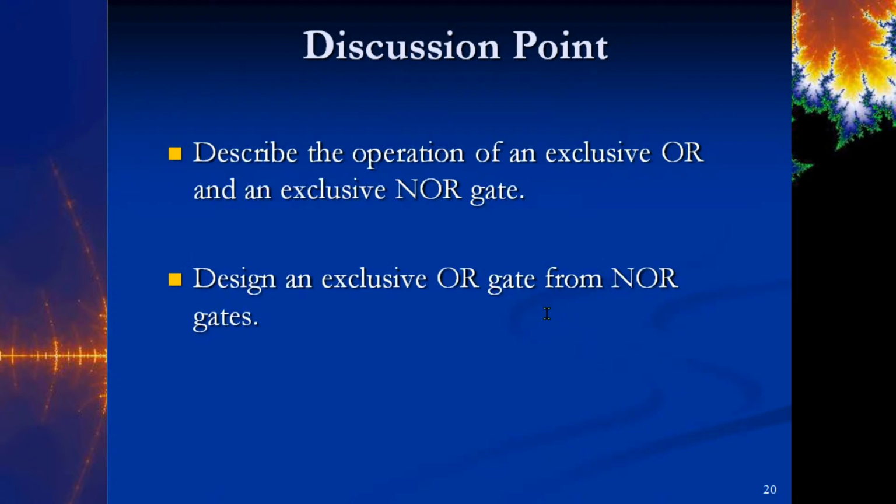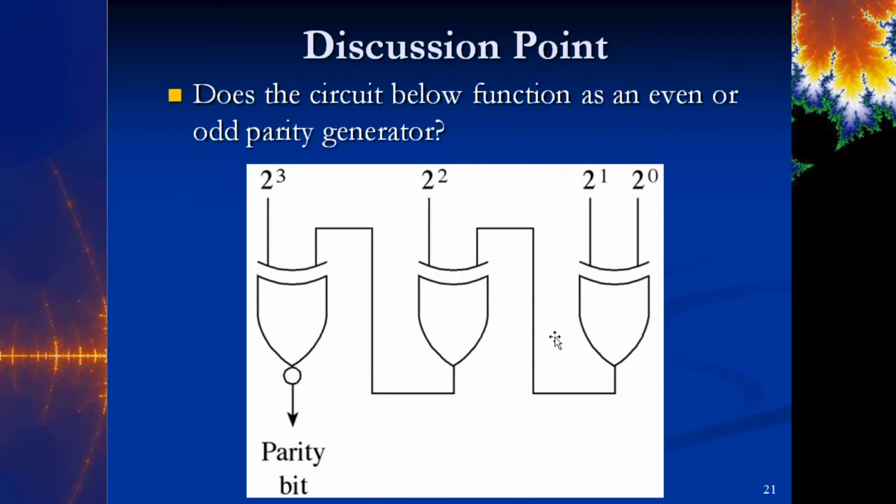It says, describe the operation of an exclusive OR and an exclusive NOR gate. Again, the exclusive OR is either OR but not both. The exclusive NOR is the equality gate. Okay, so the question then, does the circuit below function as an even or odd parity generator?